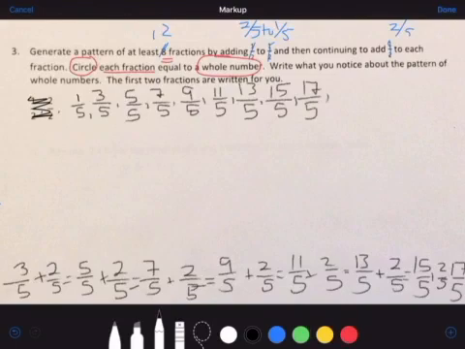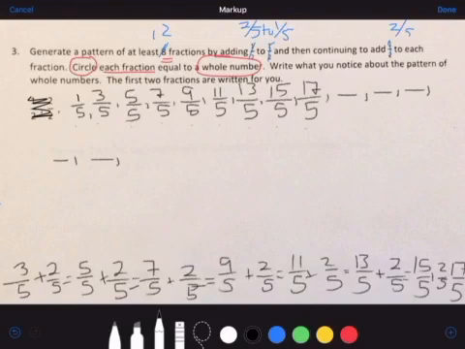I'm going to check. Remember, the first two were done for you, so those don't count. I want to see if I've made it to 12. So I have 1, 2, 3, 4, 5, 6, 7. I still need 8, 9, 10, 11, 12 fractions, right? Hopefully we can do it in our heads now.